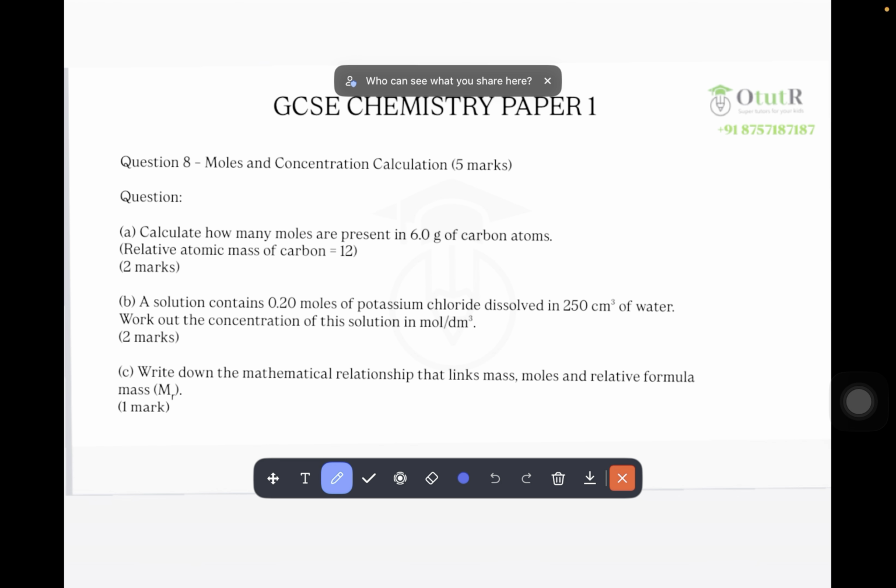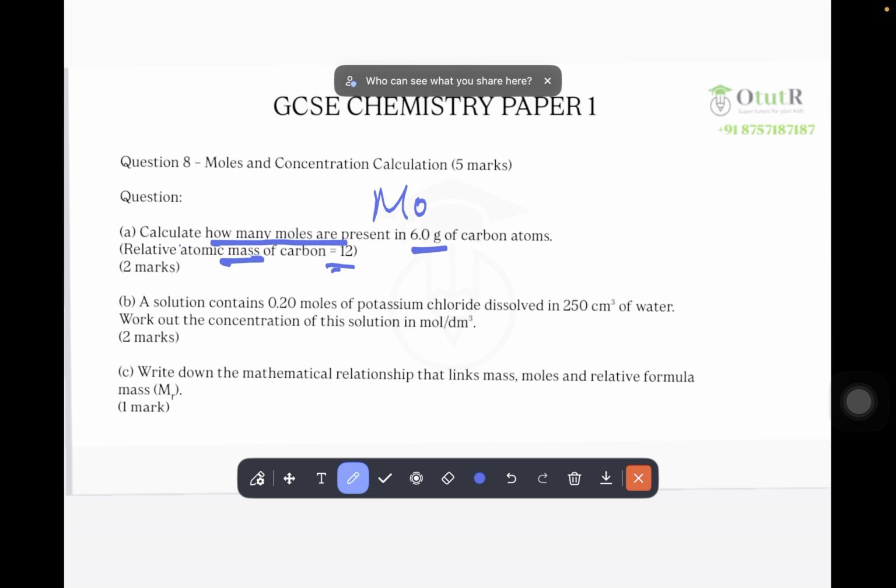Calculate how many moles are present in 6 grams of carbon atoms. The relative atomic mass of carbon is 12. How do we calculate it? Moles equals mass upon the relative mass. So we have to find moles over here.